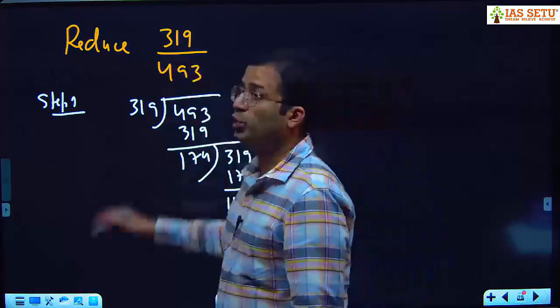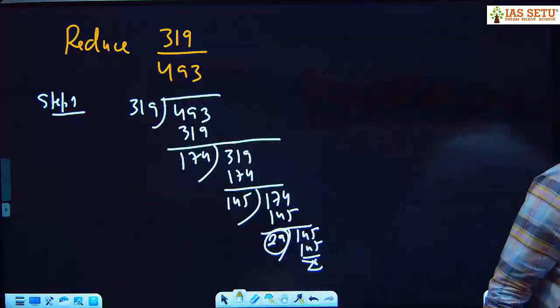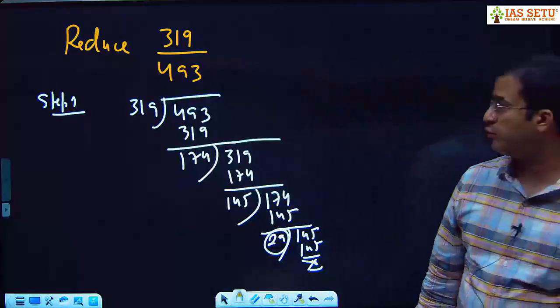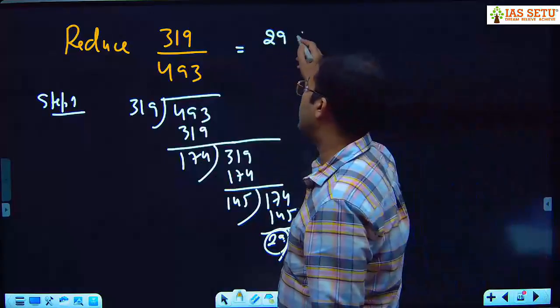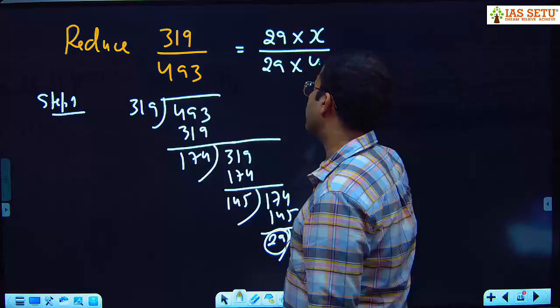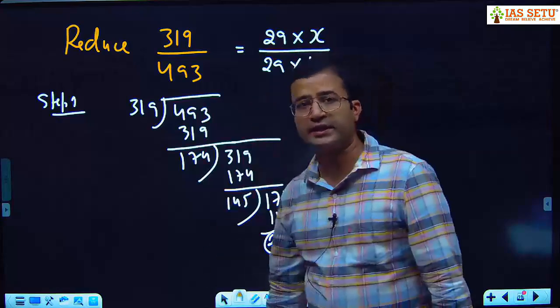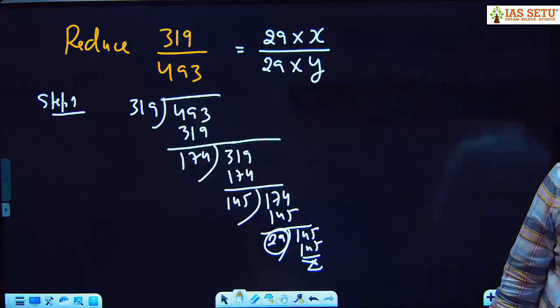It means both have 29 as a common factor. So 29 is the common factor, HCF is 29. So it means we can express it as 29 into x upon 29 into y, where 29 cancels out. We get what is x, what is y, and you get your answer actually.